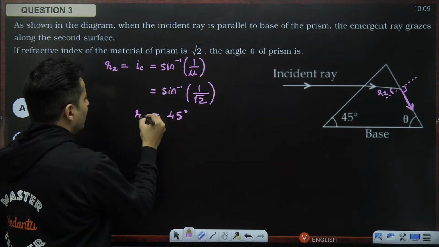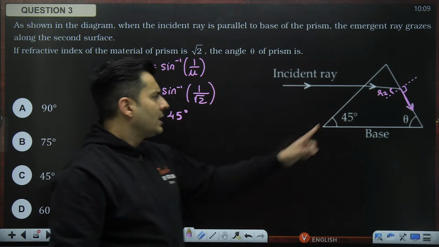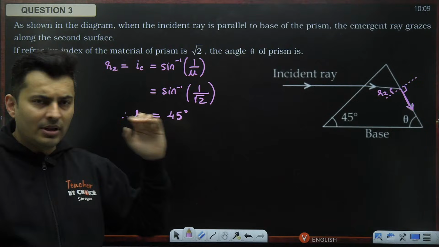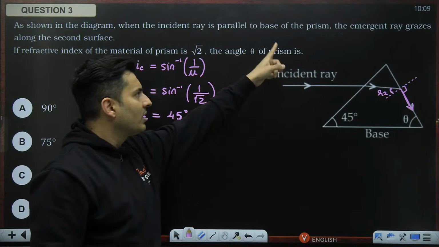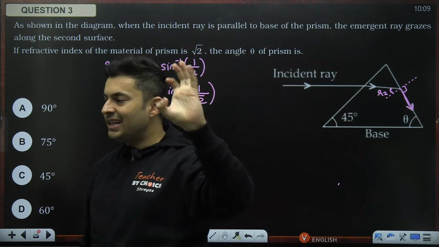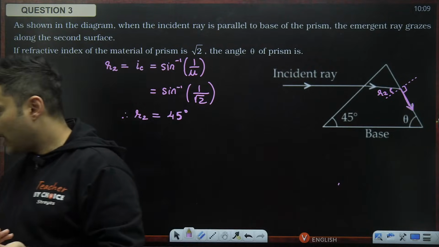So the R2 internal angle is 45 degrees. That is one piece of information I get, because it is given that the emergent ray is grazing, so it is the critical angle condition.